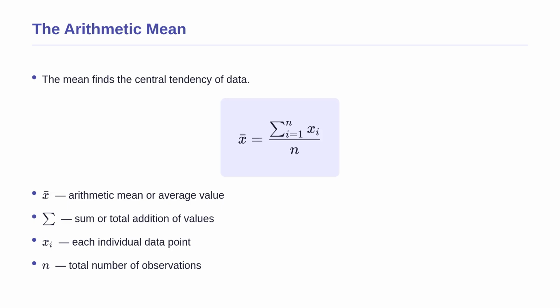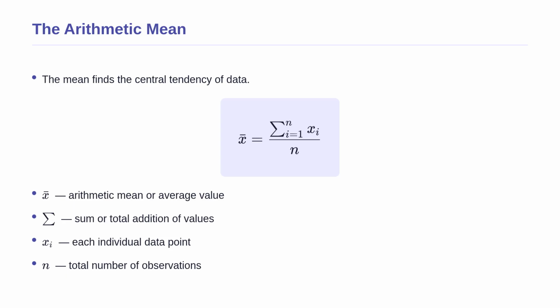Now that we know why analysis is important, let us look at our first mathematical tool. The arithmetic mean, commonly known as the average, helps us find the central tendency of our data. Conceptually, it gives us a single summary number for a whole group of measurements. In this formula, x bar represents the arithmetic mean.